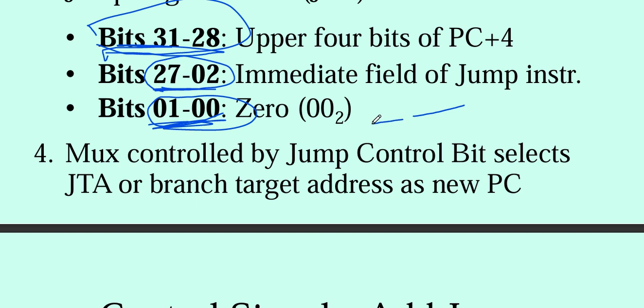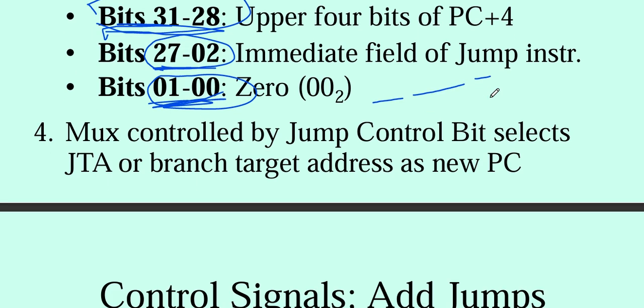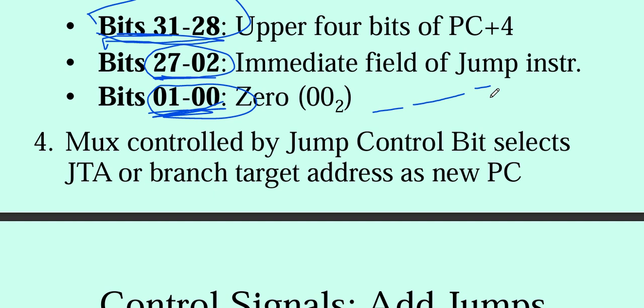Come and put them here, and add 2 zeros at the end. That's all; you have evaluated the jump target address. When they give you the jump target address in hexadecimal, I would advise you to change it to binary first. Change everything to binary and do it, because these 2 bits are binary.